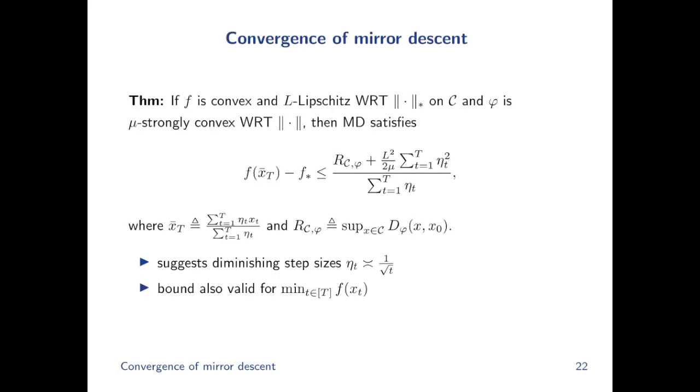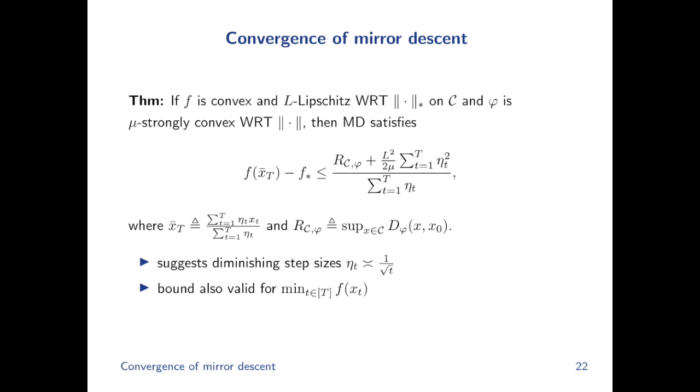Okay, so here we have the convergence result. It is very similar to the convergence result that you saw for subgradient descent. The rates are quite similar. If you just look at this result, you immediately get a couple of things. The first is that it suggests the diminishing step size 1 over root t.